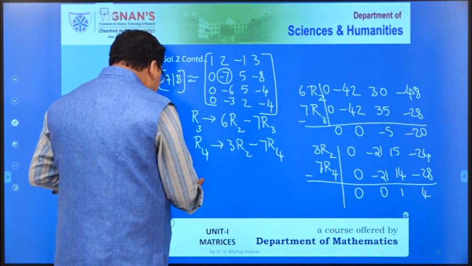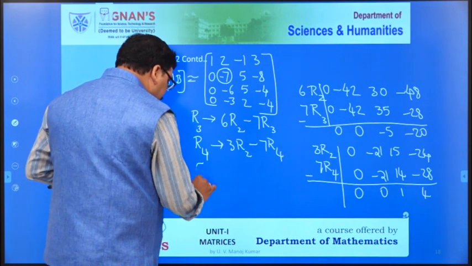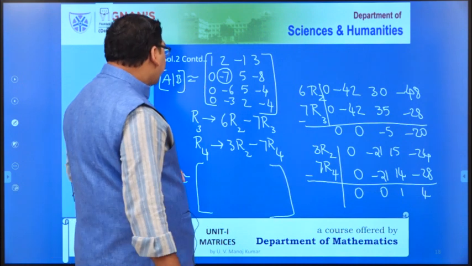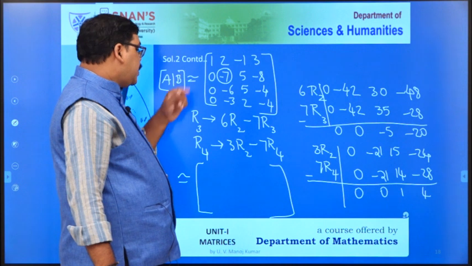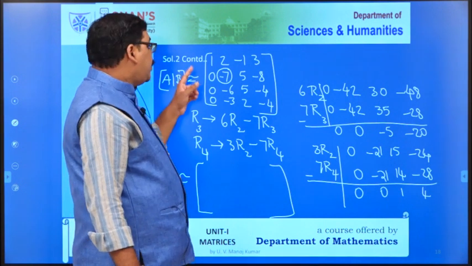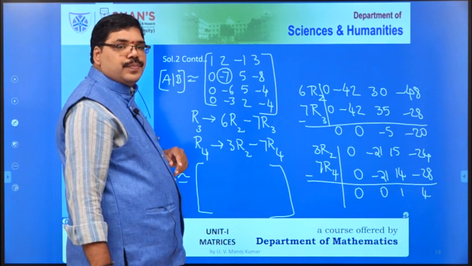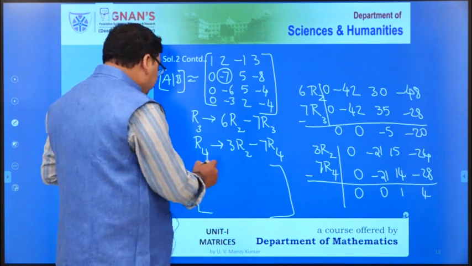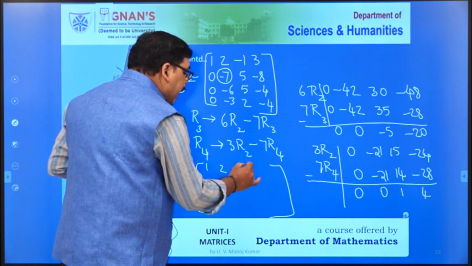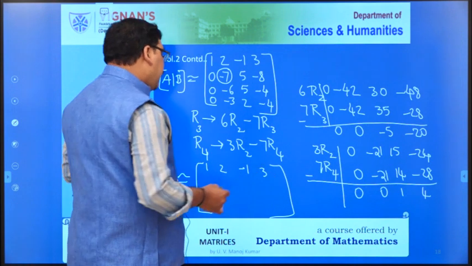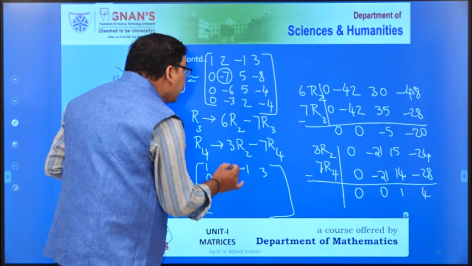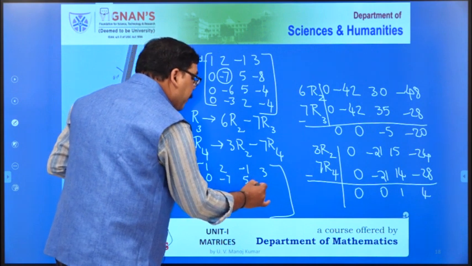This reduces AB into, see we are changing R3 and R4. So, there is no change in R1 and R2. So, we write them as it is: 1, 2, minus 1, 3, 0, minus 7, 5, minus 8.